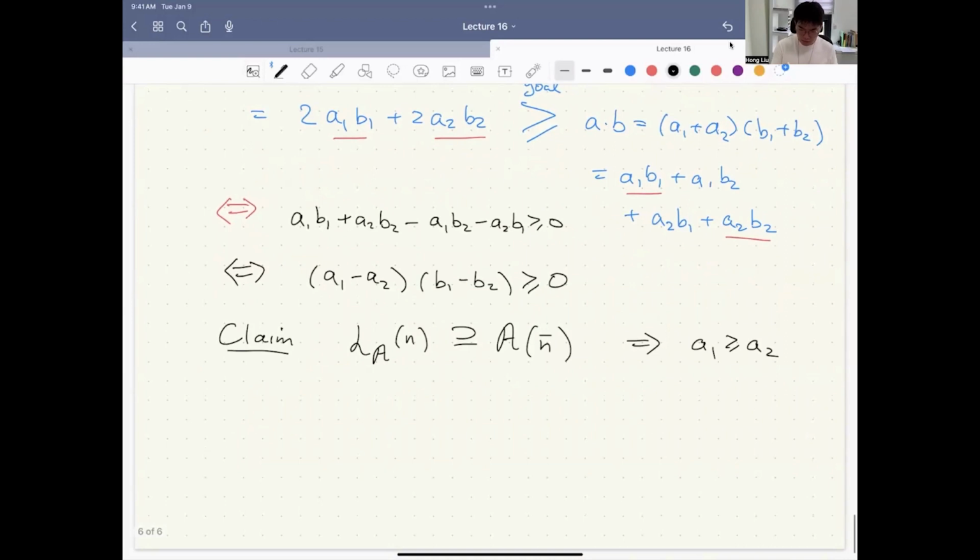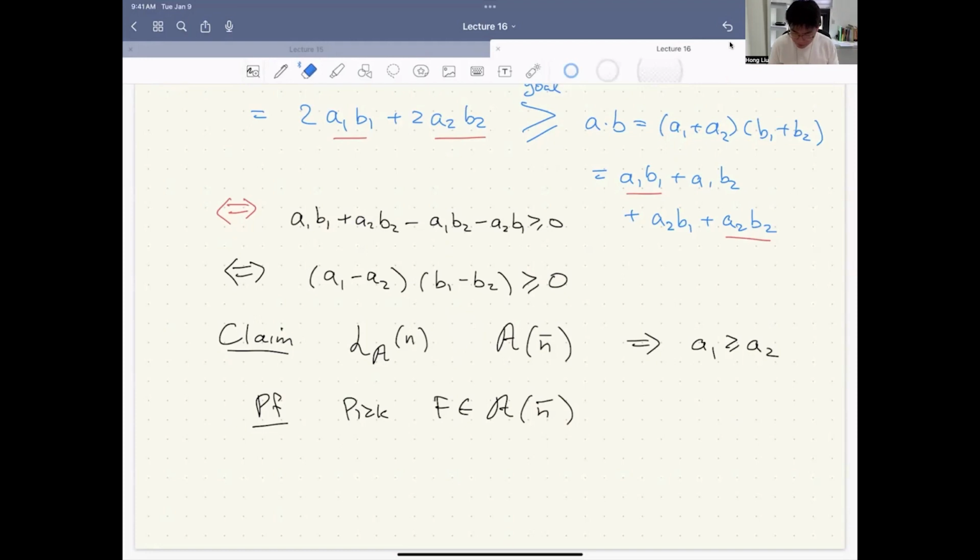Let's pick a set in here. Proof. Pick, let's say, F in A n bar. Did I write it in a different way?